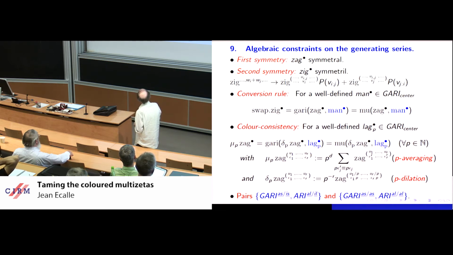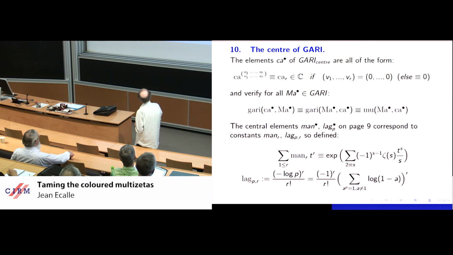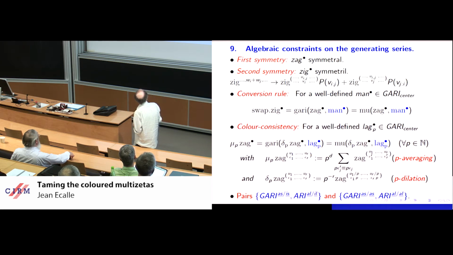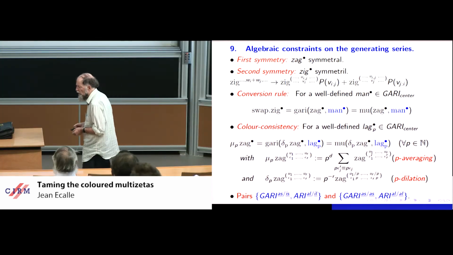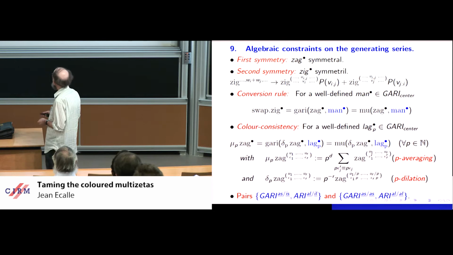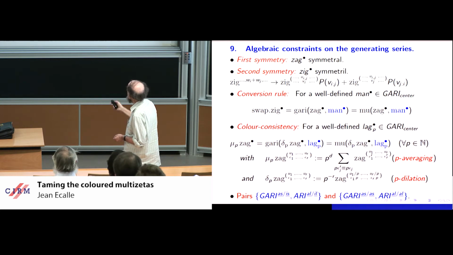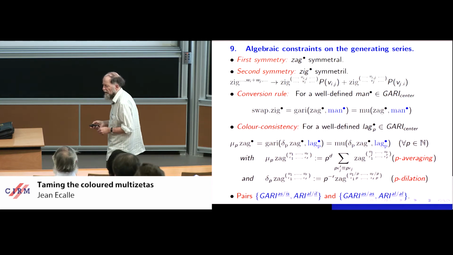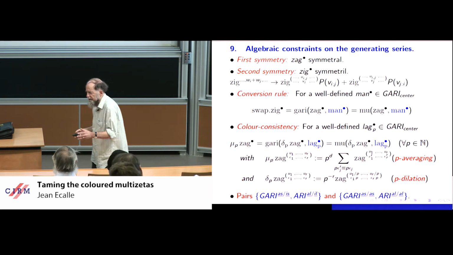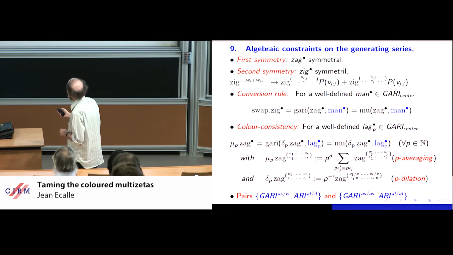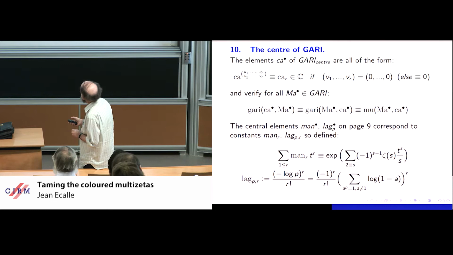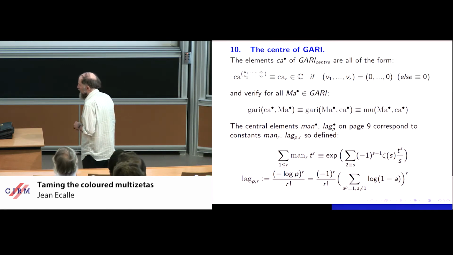So the conversion rule also undergoes a change, which actually is even simpler than with the scalar multizeta. Then the constraints of color consistency can also be written in a very compact way. They involve, you see, the blue terms, which are just corrections. They are moulds which belong to the center of GARI. The center of GARI consists of very special terms.